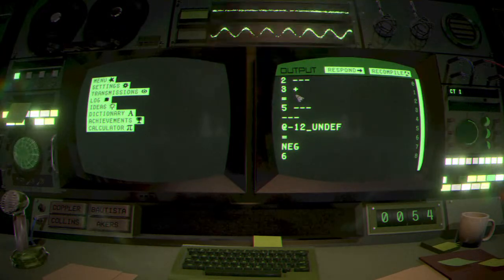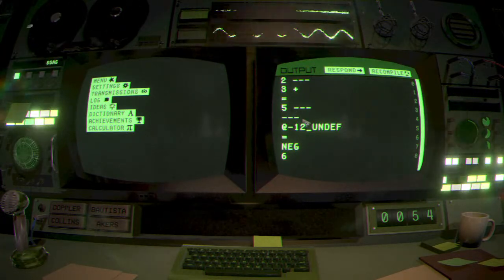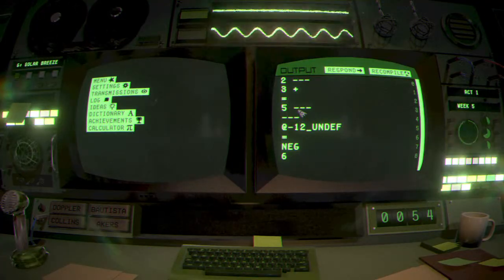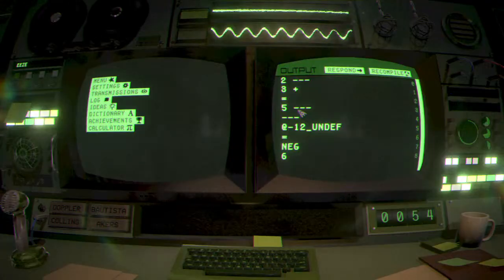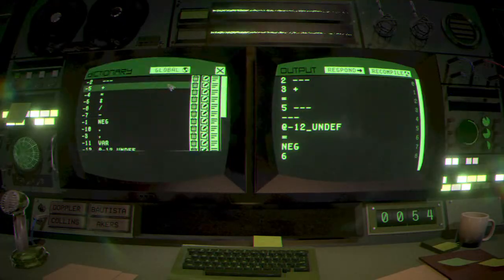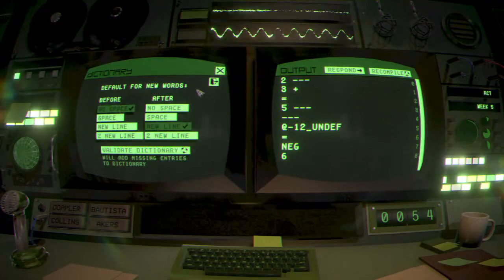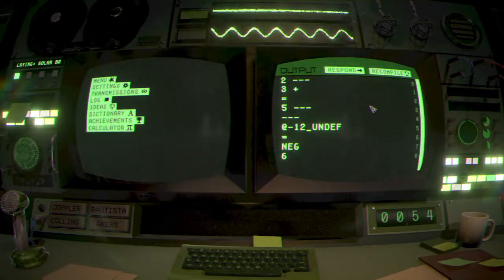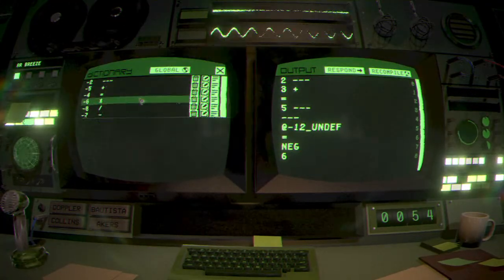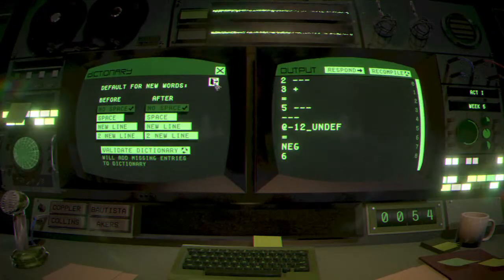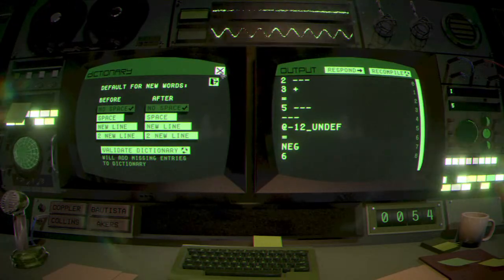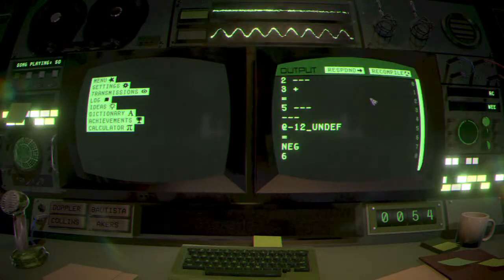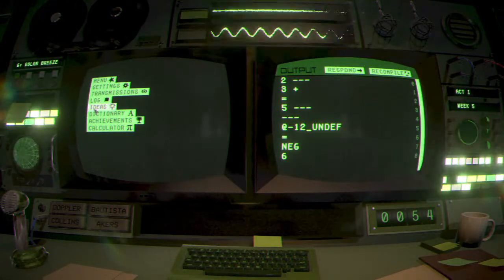So 2 and 3 is equal to 5. Yeah, I don't like this dash thing. Alright, let me see. What if I do this? Nothing changed, so I don't get it.